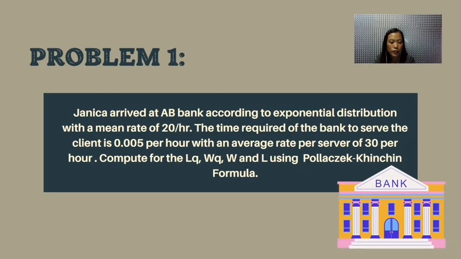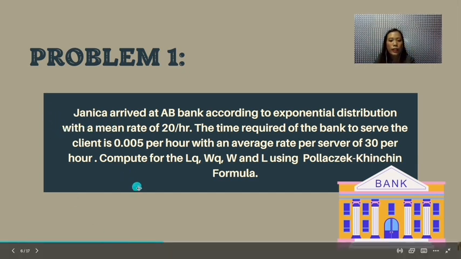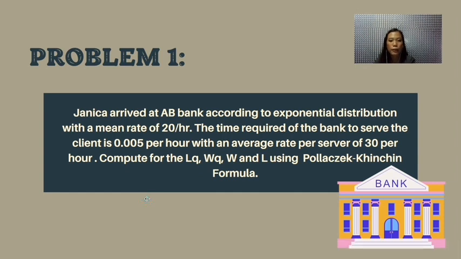To better understand the process of calculating the M/G/1 queue model, I prepared two examples. First problem. Janica arrived at AB Bank according to an exponential distribution with a mean rate of 20 per hour. The time required of the bank to serve the client is 0.005 per hour with an average rate per server of 30 per hour.